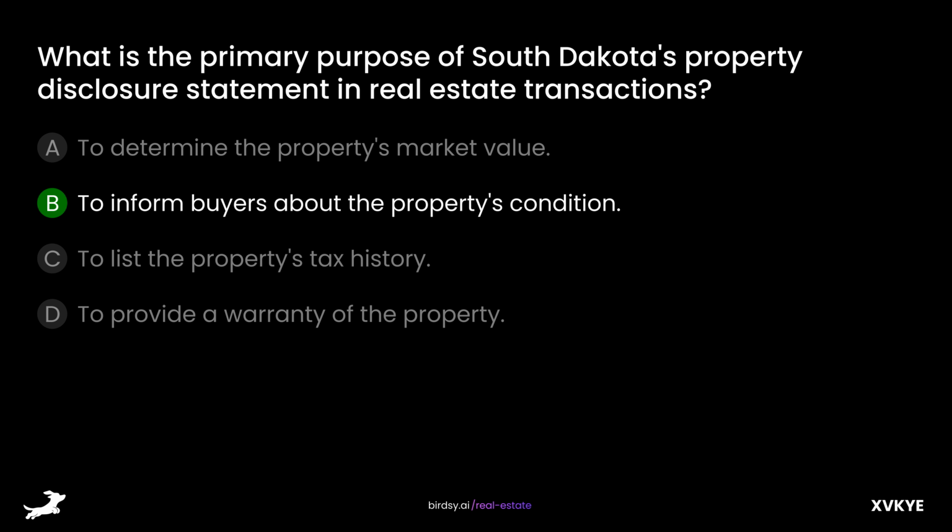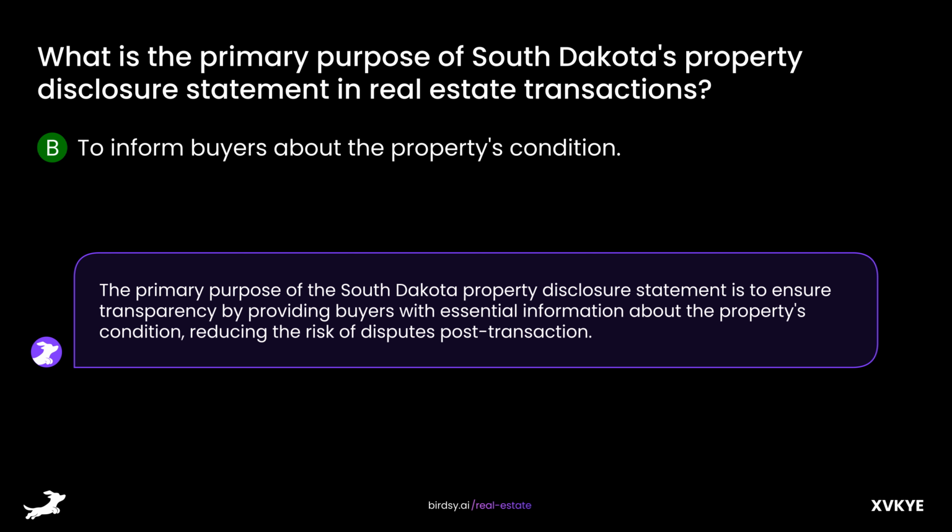The answer is B, to inform buyers about the property's condition. The primary purpose of the South Dakota Property Disclosure Statement is to ensure transparency by providing buyers with essential information about the property's condition, reducing the risk of disputes post-transaction.